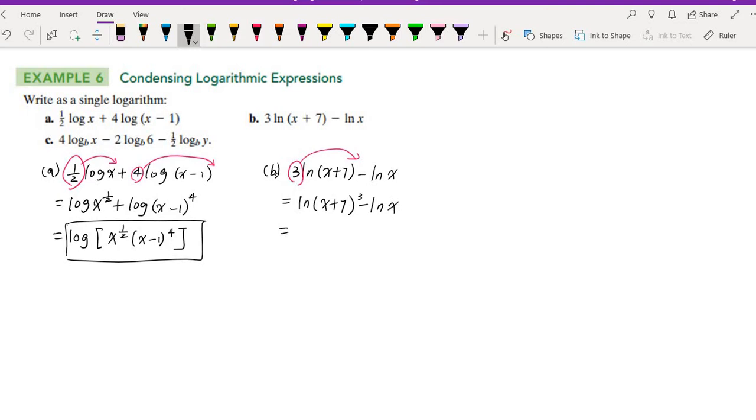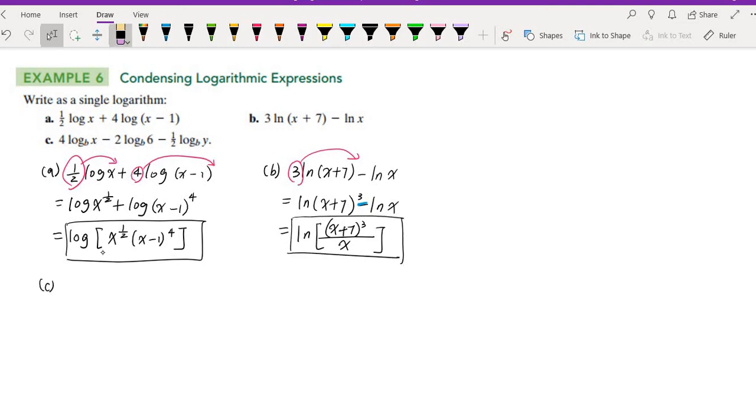Now we both have a natural log, and it's between, it's a subtract. That means we must use the quotient rule, which is natural log x plus 7, this whole thing cubed, over x. I can put the bigger bracket here. So that is my final answer.